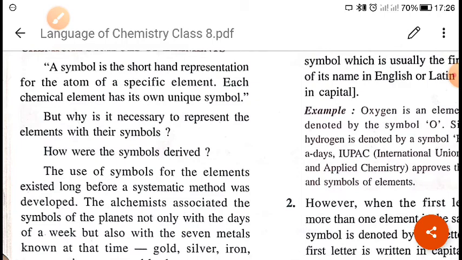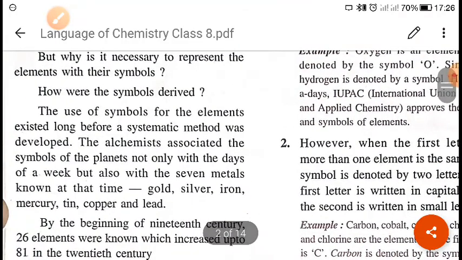Each and every time, he would have to write out hydrogen and chlorine in full. It would become difficult, because it would take more time as well as more space. That is why the need was felt to represent the elements with their symbols. I hope you now have an idea of why these symbols were developed.